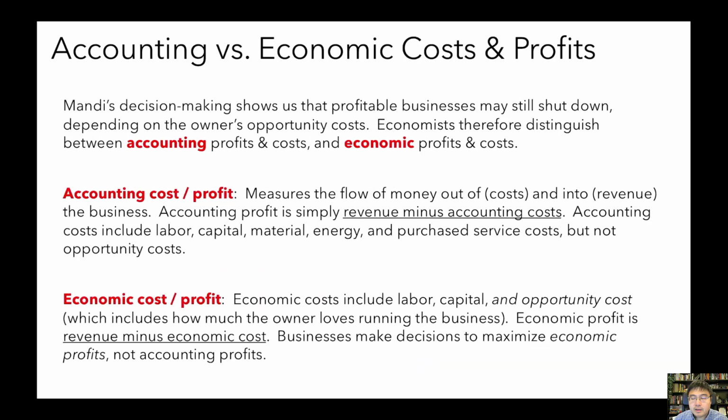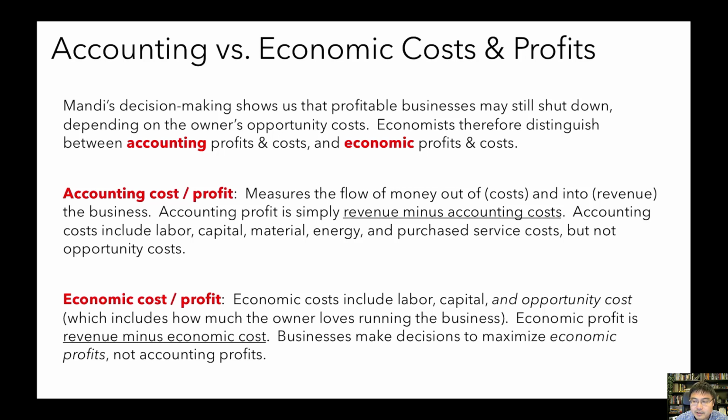All right, so Mandy's decision making in the previous example shows us that when businesses decide to either shut down or stay in business, it depends on more than just the profitability of the firm in terms of pure financial profit, right?